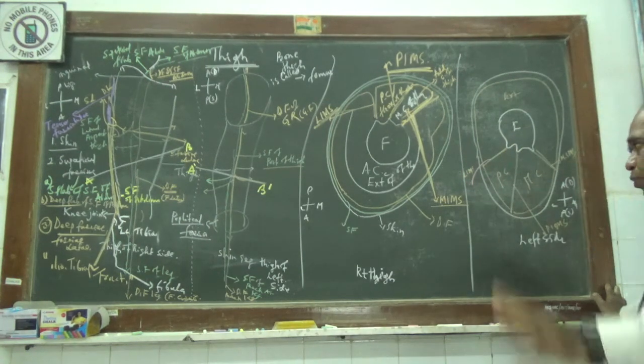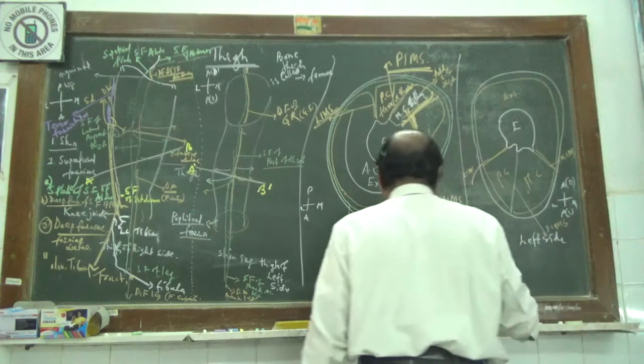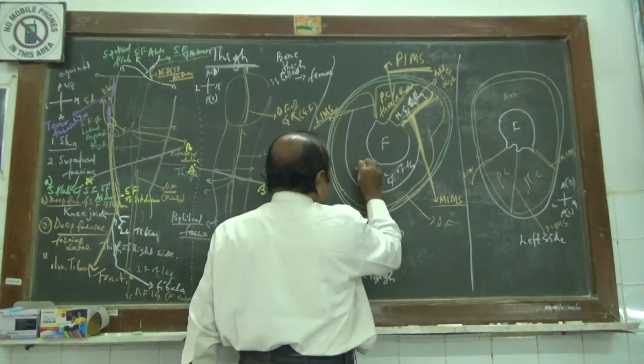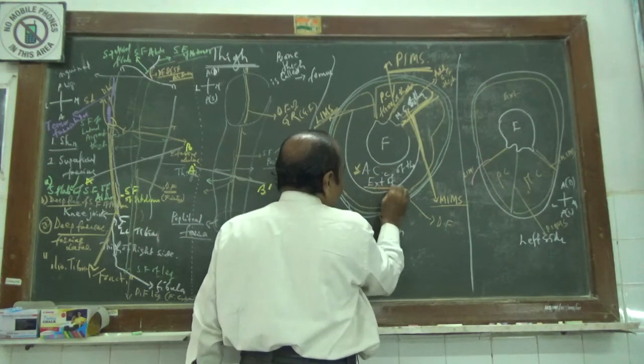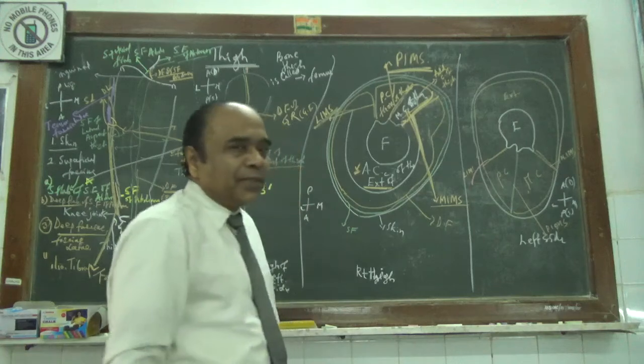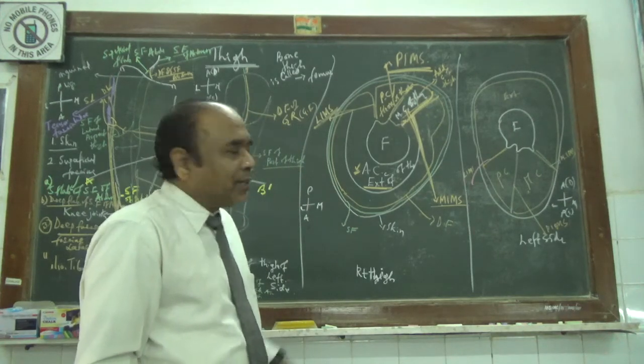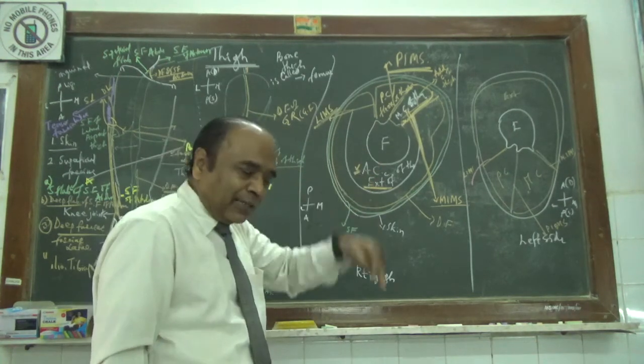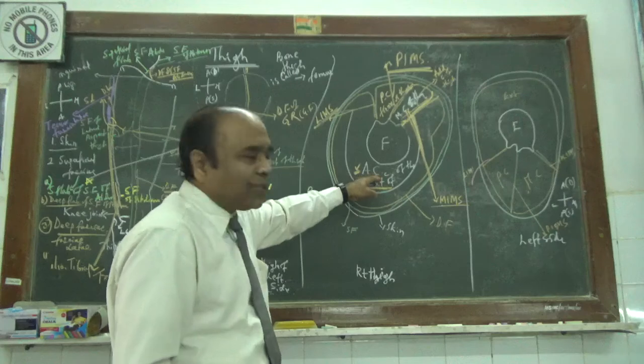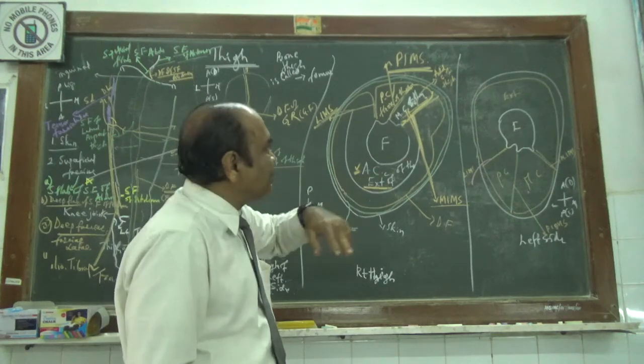Now if this is so, why is this called the anterior, the extensor compartment? Because here all the muscles which are present, which are acting on the knee, are extensor muscles.